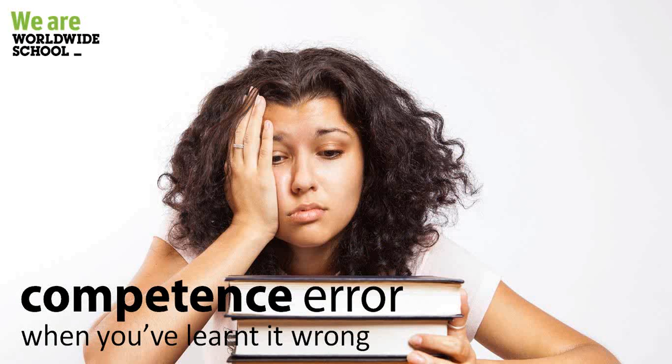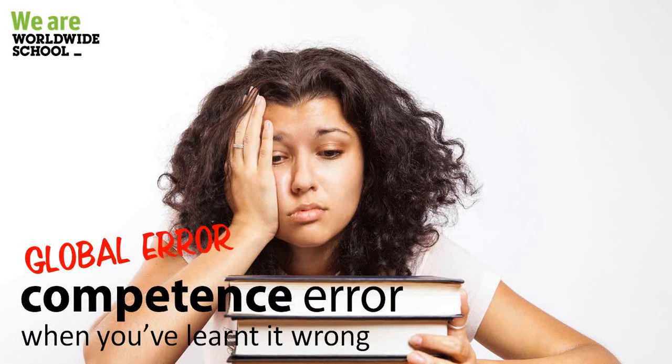Now you have to unlearn what you have learned, etc. Sometimes they might also cause more misunderstanding than those typical slips of the tongue, and that's why they are very often called global errors, which means that the scale is a bit larger than those local errors or performance errors.